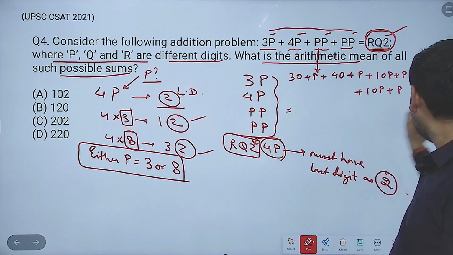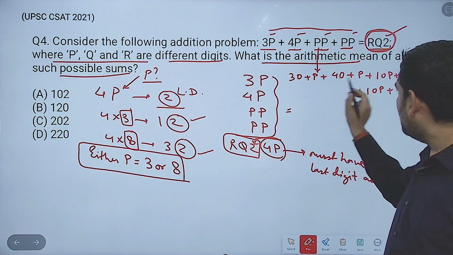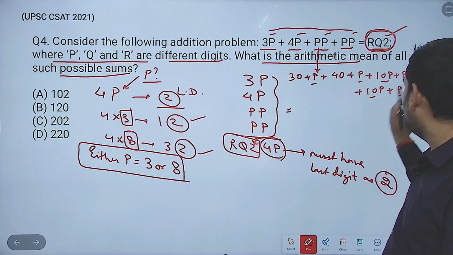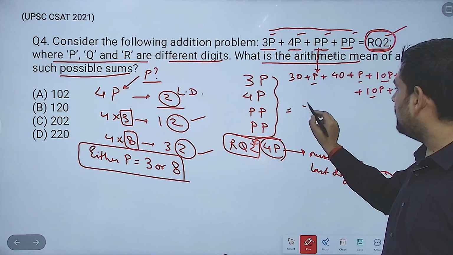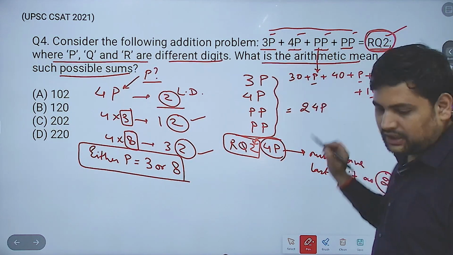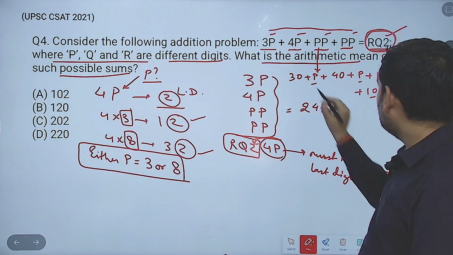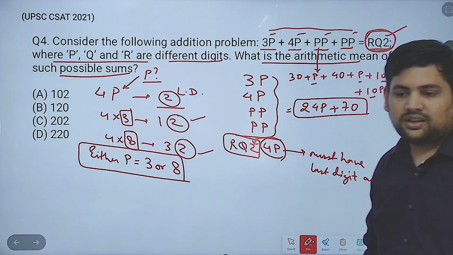Now just add all of them. You get 20p plus 4p, so 24p, plus 30 plus 40, that is 70. This is what you get as the total sum.